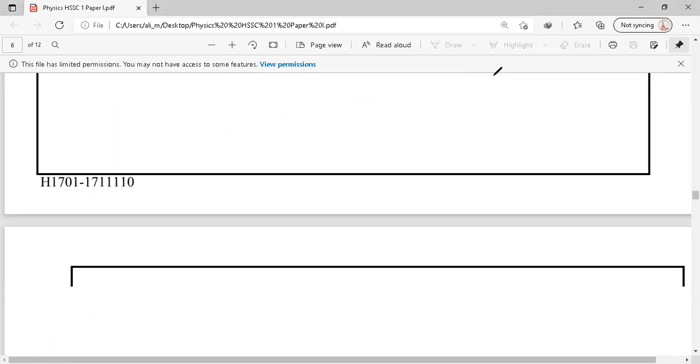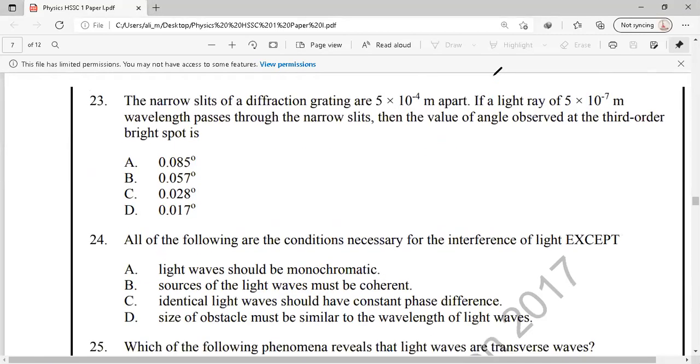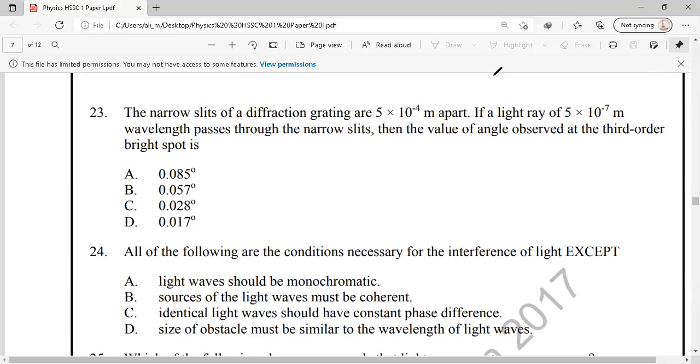Next, we have questions number 23 and 24. The narrow slits of our diffraction grating are 5 × 10^-4 meters apart. This is the value of d.